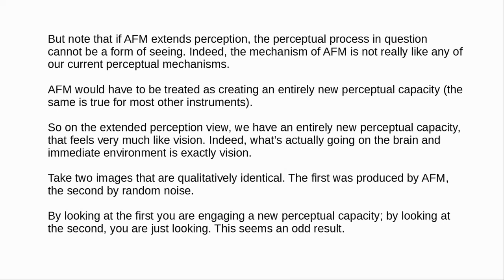And notice that this is not a problem for optical microscopes. An optical microscope can be treated as simply extending perceptual capacities that we already have, namely vision, precisely because it has the directness, right? The optical microscope doesn't allow you to detect something by creating some other thing that you then perceive via the normal mechanisms.